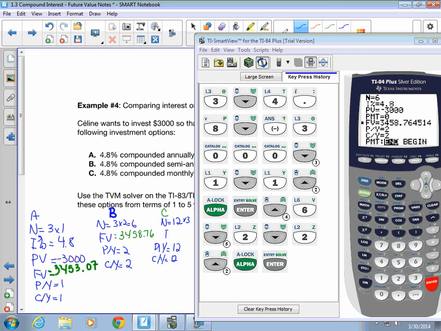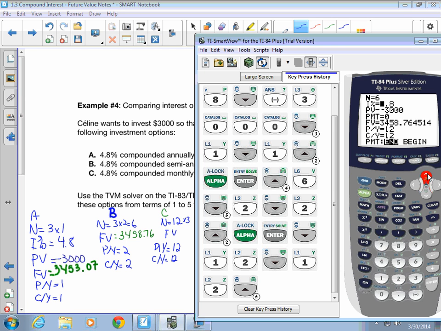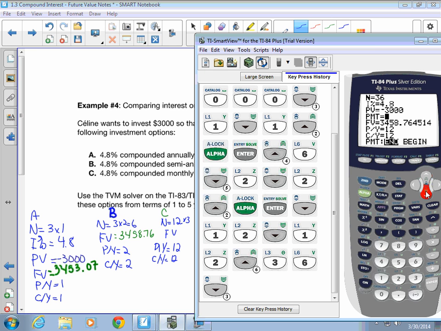So for our future value, let's change this one to a 12, this one to a 12, and up here the number of periods is 12 times 3, so 36. Go to future value, alpha, enter: $3,463.66.